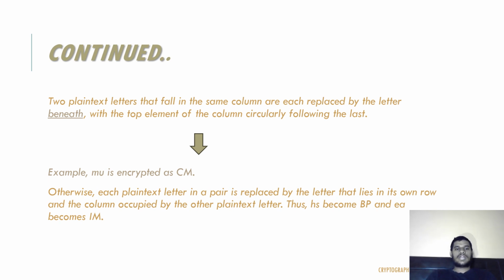Example: MU is encrypted as CM. Otherwise, each plain text letter in a pair is replaced by the letter that lies in its own row and the column occupied by the other plain text letter. Thus, HS becomes BP and EA becomes IM.